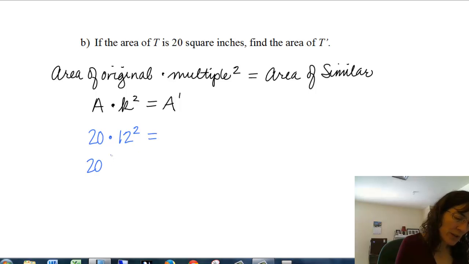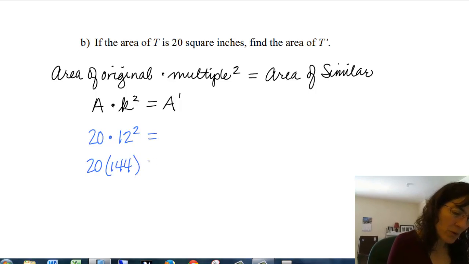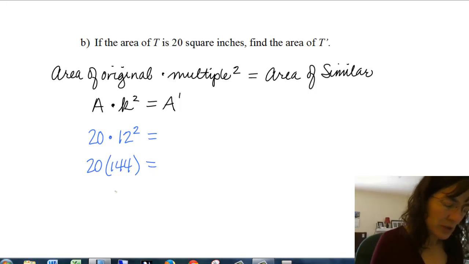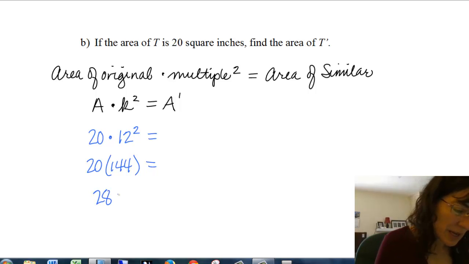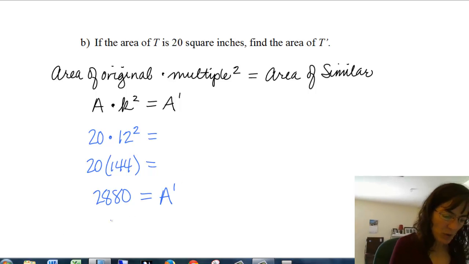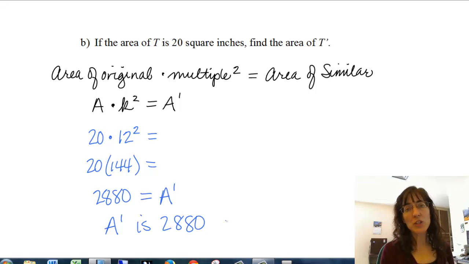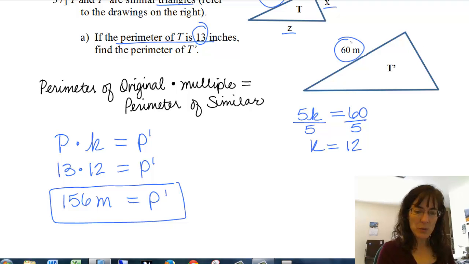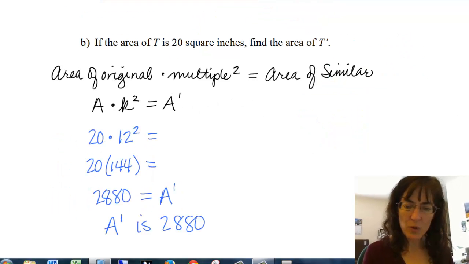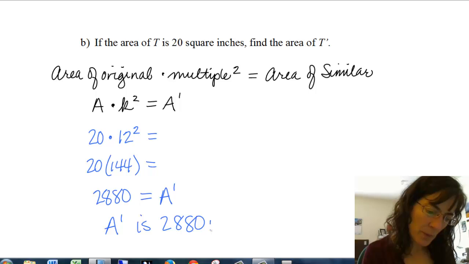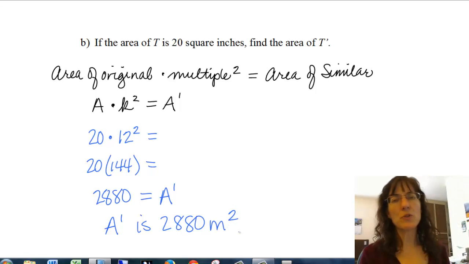So I have 20 times 144. So I get 2880 equals A prime, and so I'll say A prime is 2880. And remember, we had a change of units here. This one was meters. So when I do the label here, it needs to be meters squared.